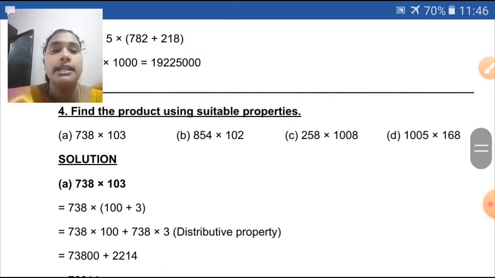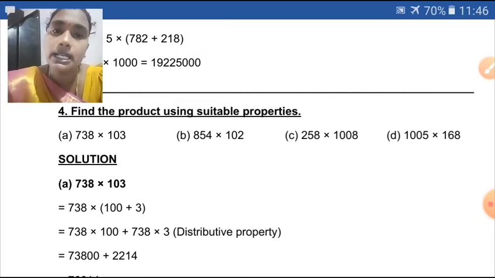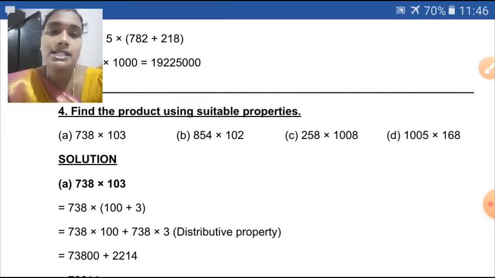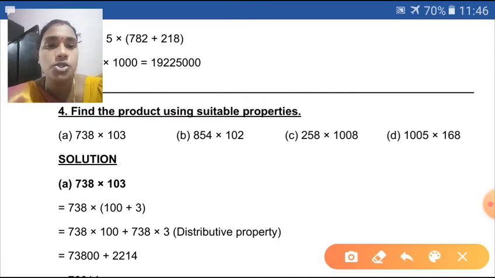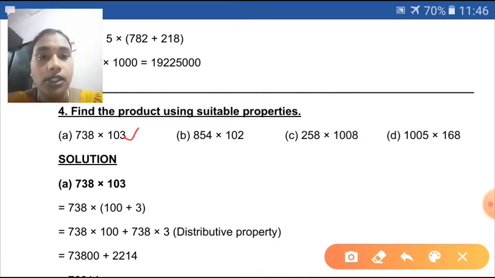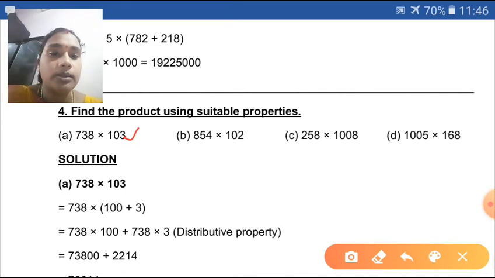Next, let us find the product using the suitable properties. As you have learned many properties in whole numbers, you are going to use a few properties to solve these sums. Right, children? So let us take the first sum, that is 738 into 103. How are you going to do this sum?